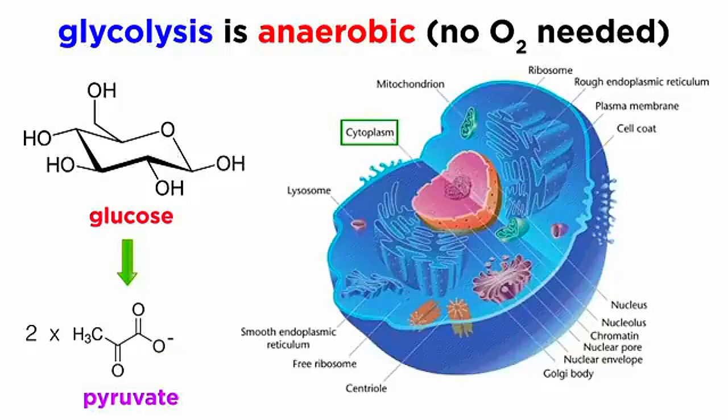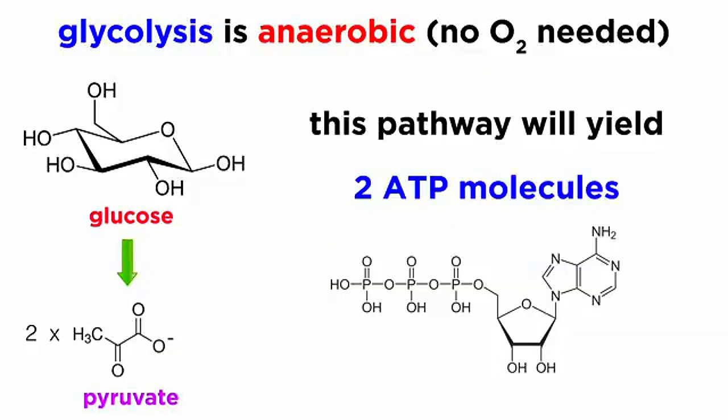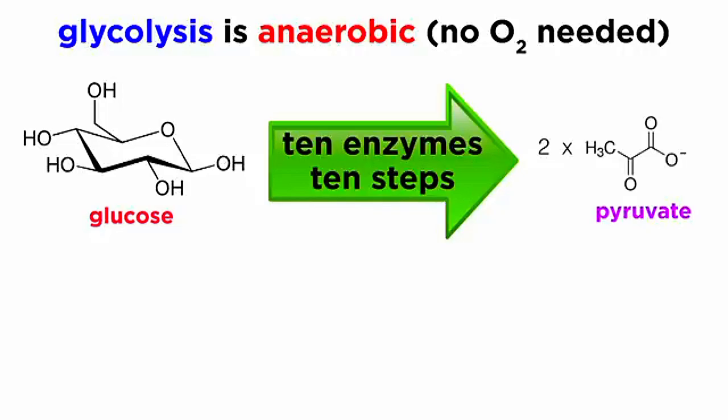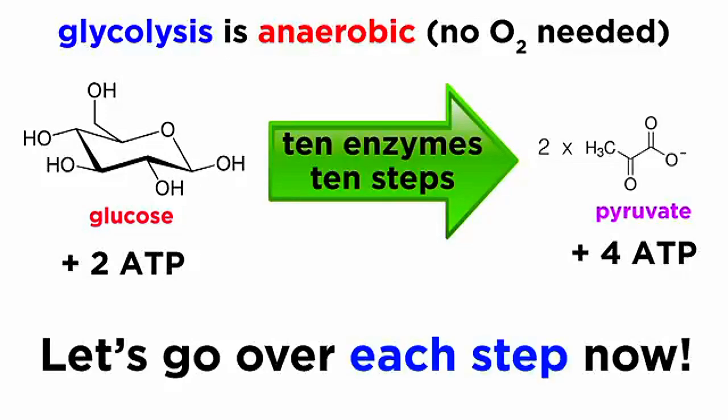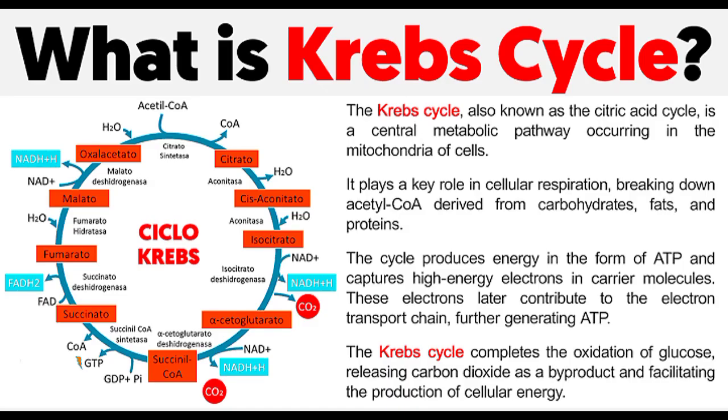In this pathway, one molecule of glucose can yield only 2 molecules of ATP. This is why I said it only produces a minimal amount of energy. So the process involves glucose being split in a 10-step process until it forms pyruvate. So a molecule of glucose forms 2 ATPs and 2 pyruvate molecules, making a total of 4 ATPs.